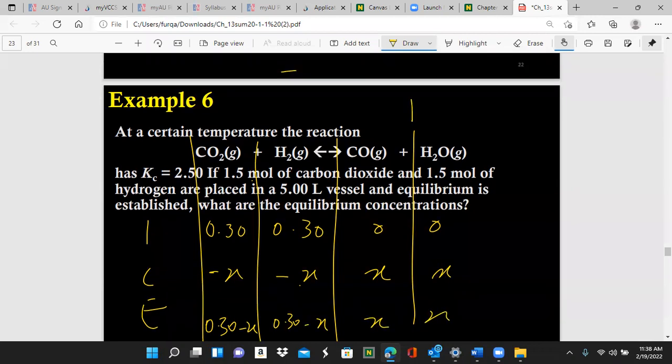So my equilibrium expression is going to be products over reactants: x times x over 0.30 minus x times 0.30 minus x.